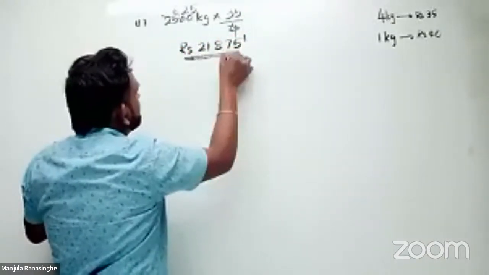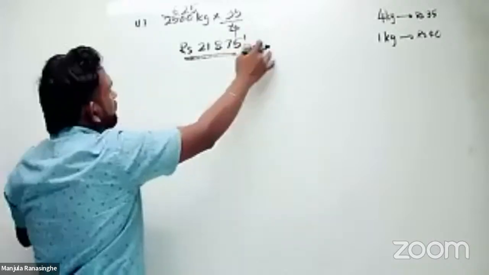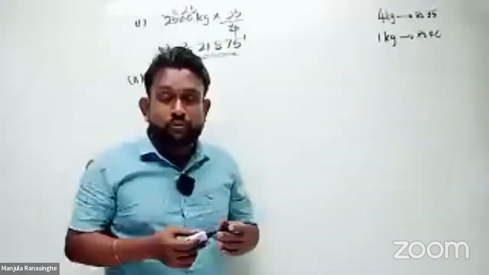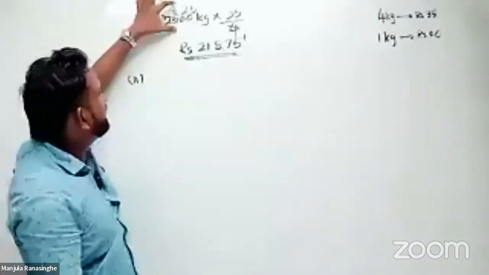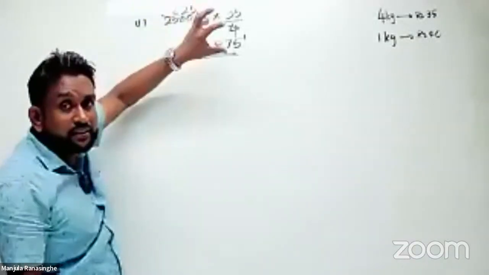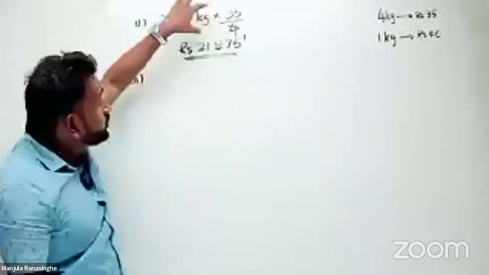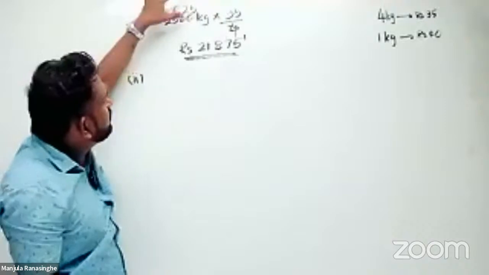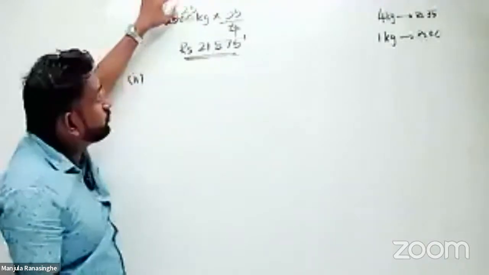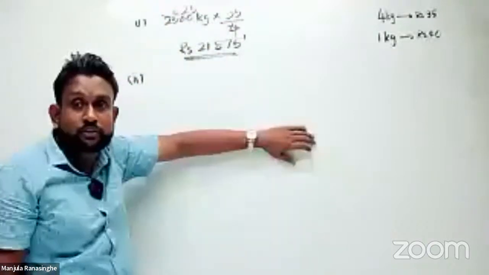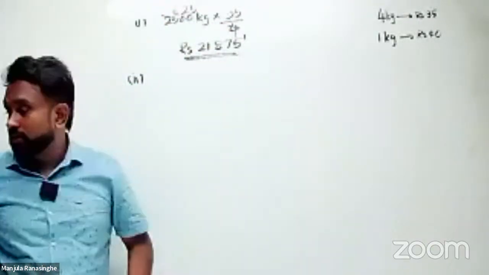Okay, that is where the marks are given in the paper. Understood? You divided 2,500 by 4 to see how many 4 kg parts there are. Then we got 625 such parts. Each part is 35 rupees. Then multiplied, that is 21,875.